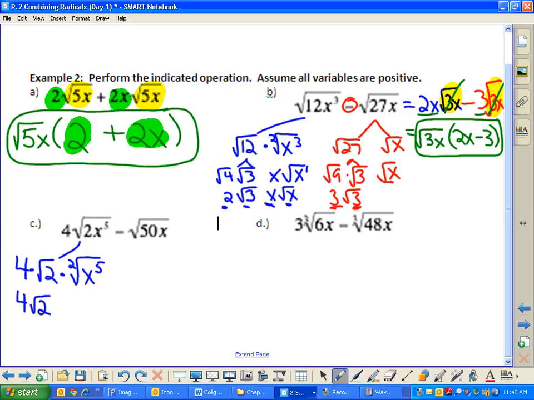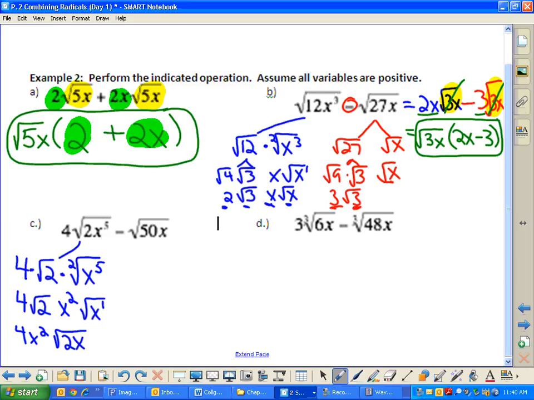And you just ask yourself, how many times does 2 go into 5? 2 goes into 5 twice, and then there is 1 left over. So anything that's outside the radical goes outside. Anything that's underneath stays underneath. So that's that first term, simplified a little bit.